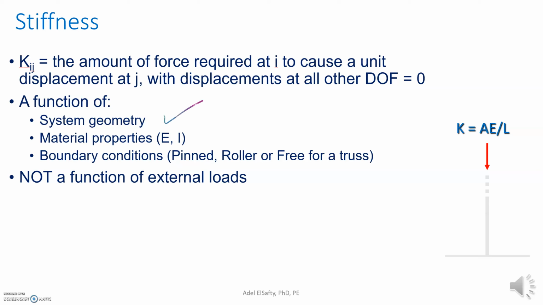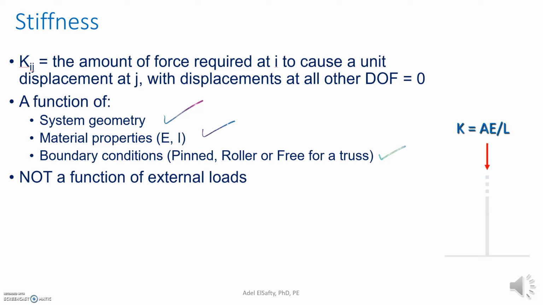It's the geometry of the system, the material properties, both modulus of elasticity and I, and the boundary conditions, meaning the supports. Three things again: the geometry of the system, the material properties, and the support conditions. Is that a function of external load? No, it's not. So this is something that would be good to understand and be familiar with.